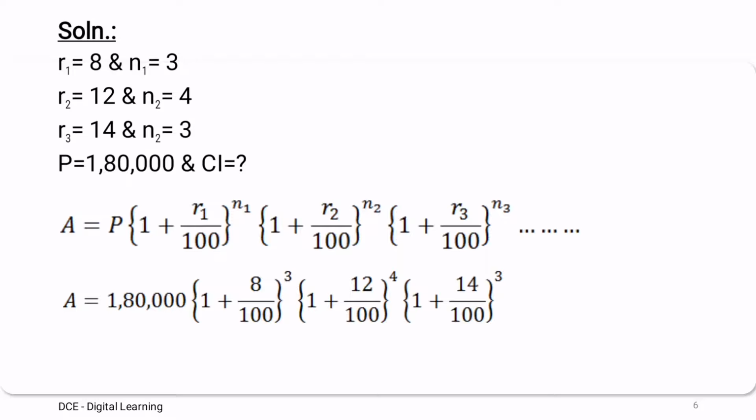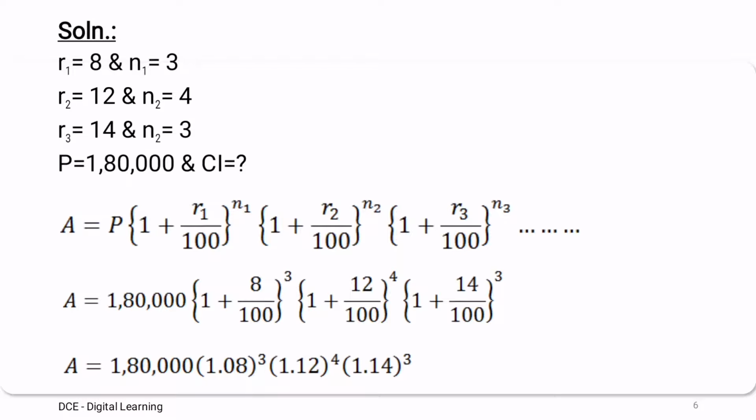So now A equals P, which is 1,80,000, into bracket 1 plus R1, where R1 is 8%, divided by 100 raised to N1, N1 is 3 years, into bracket 1 plus R2, 12% divided by 100 raised to N2, N2 is 4 years, into bracket 1 plus R3, R3 is 14%, 14 divided by 100 raised to N3, N3 is 3 years.